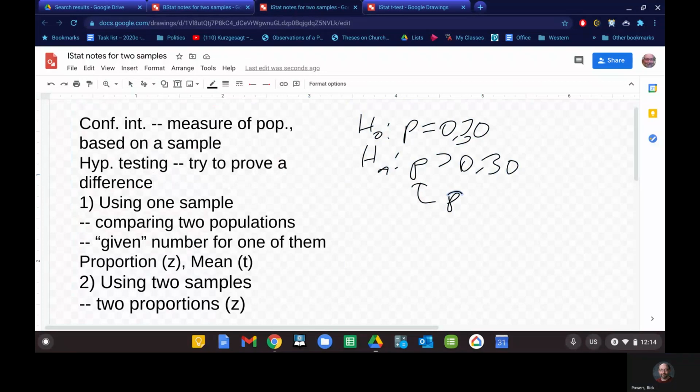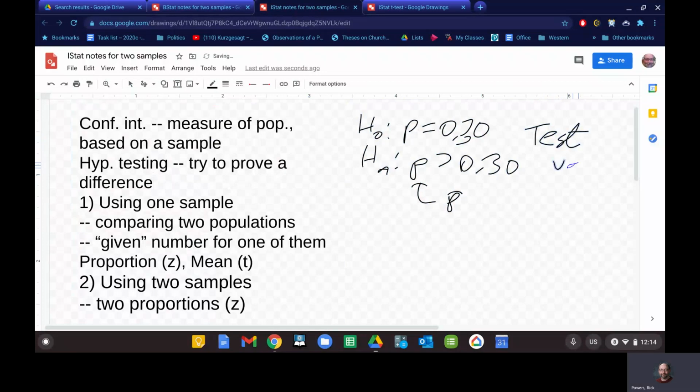By using p hat and the p, the sample measurement compared to this other population measurement, we say, is it unusual for us to get such a sample? And that's going to give us, through some kind of formula, a test value.